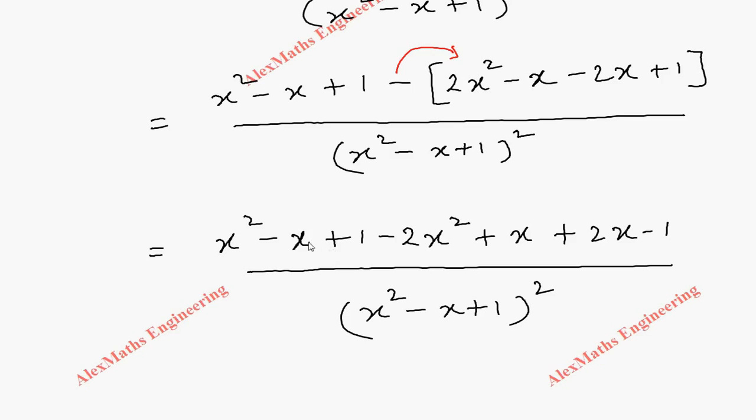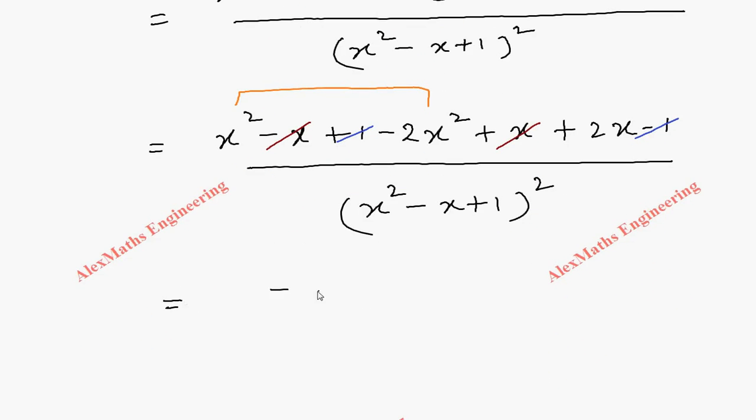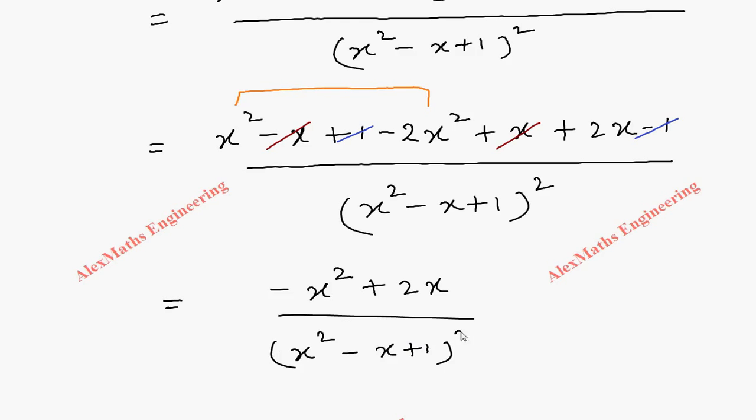So here you can cancel minus x plus x and plus 1 minus 1. Then we can combine these two like terms. So finally, by combining these two terms, you get minus x square, then 2x is remaining in the numerator, whole divided by x square minus x plus 1 whole square equal to 0.